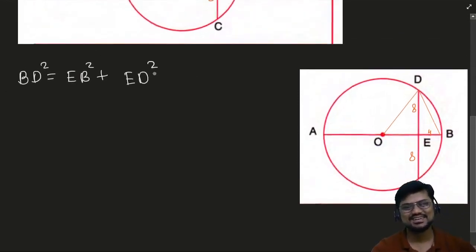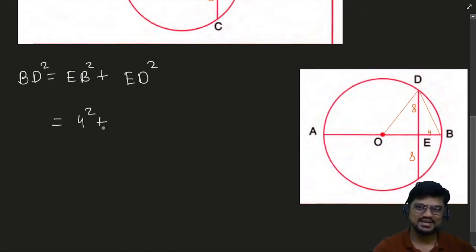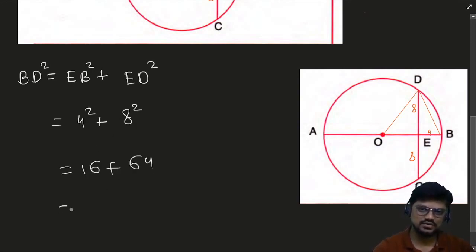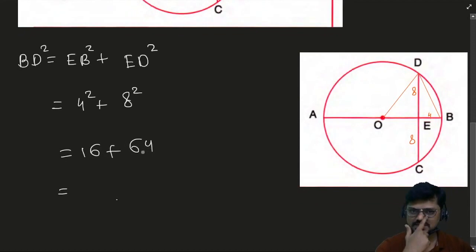Okay, fine. So BD will be equal to EB is 4 square plus ED is 8 square. 16 plus 64 is 80. So BD square is 80.